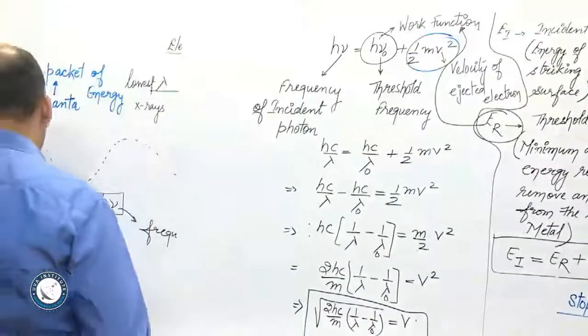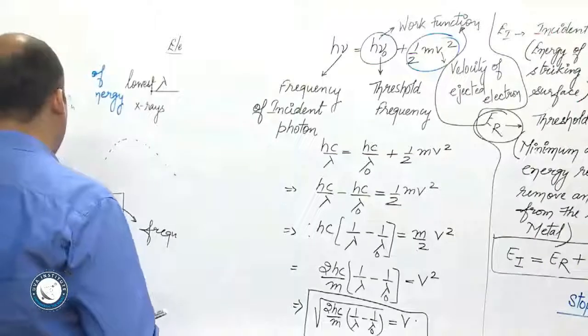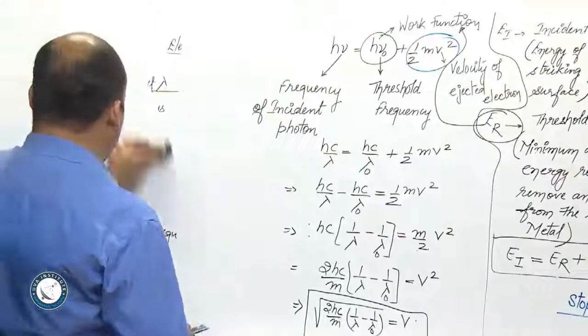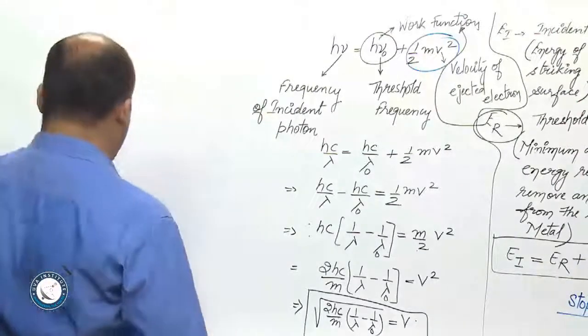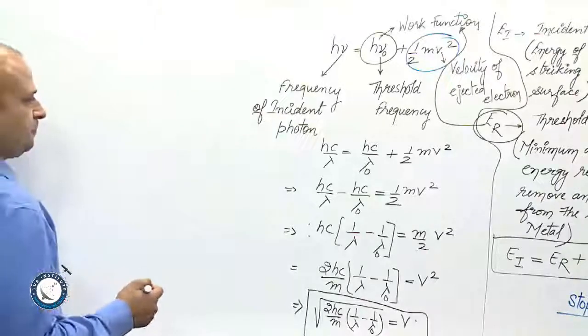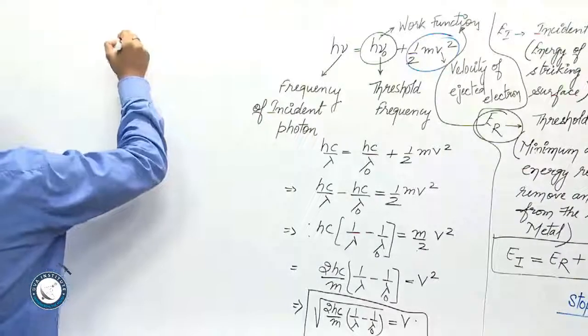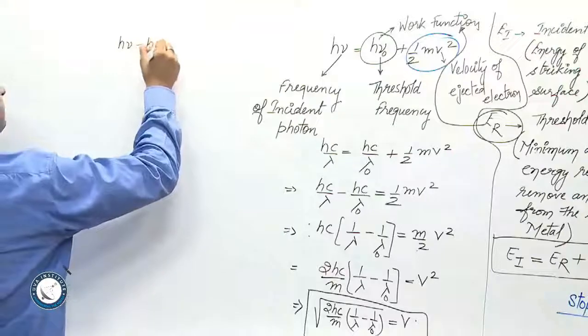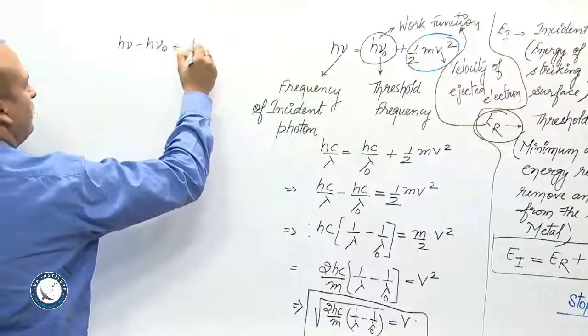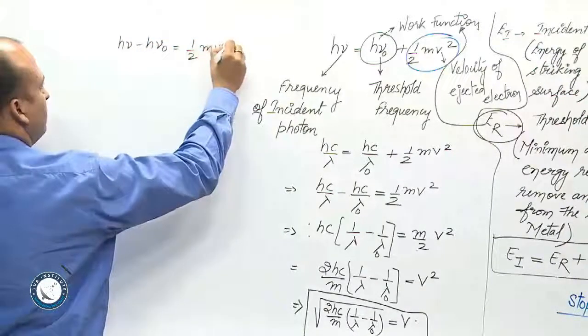The next one, see, hν minus hν₀ is equal to ½mv².